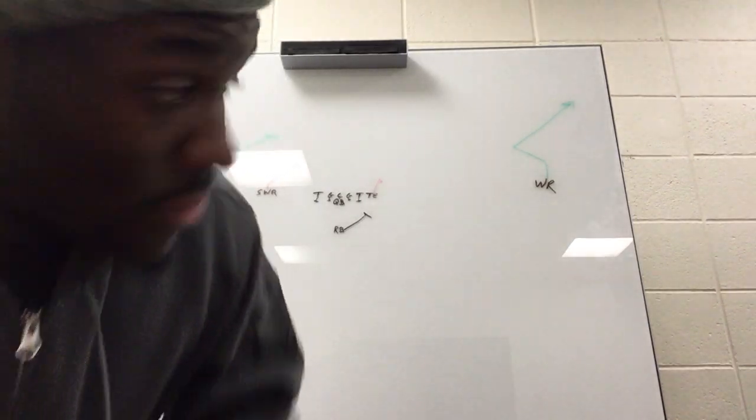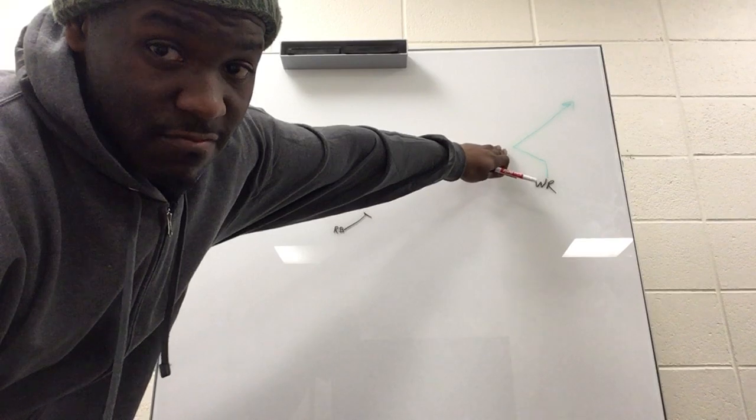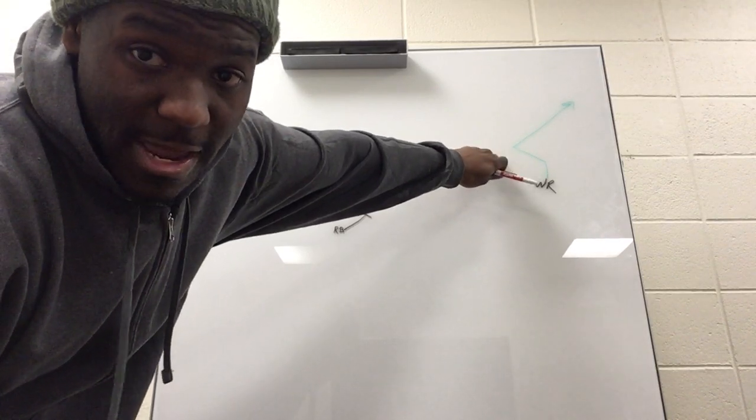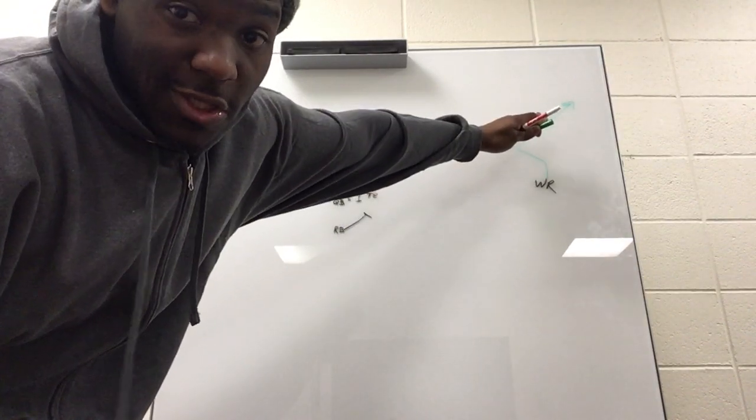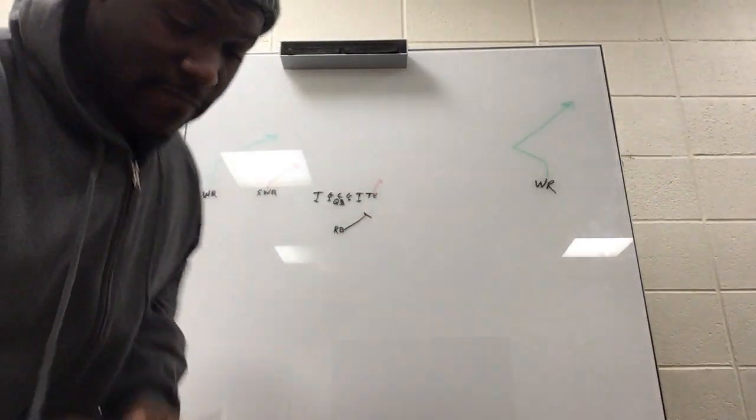Now, as you can see, that dip in makes it look like it's a slant. But then the dip out towards the corner, that's the real route. Slick corner, fake slant corner.